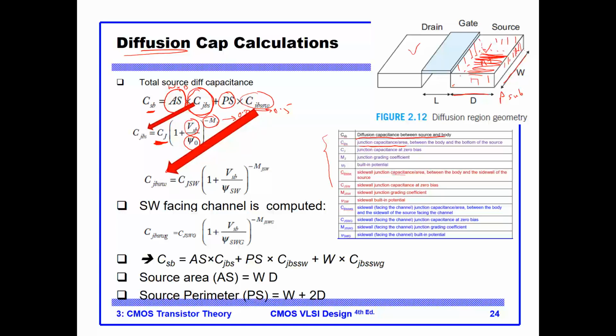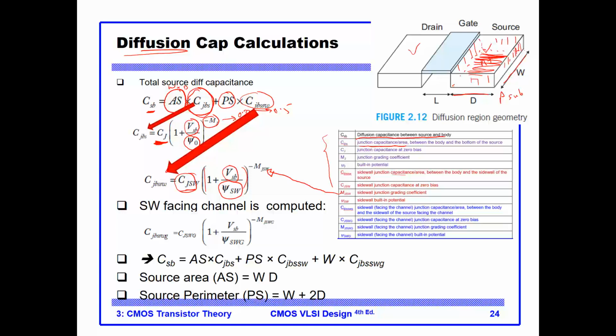It is computed by CJSW, the sidewall junction capacitance at zero bias, multiplied by 1 plus the voltage between the source and the body, divided by the built-in potential for the sidewall, raised to minus MJSW, which is the sidewall junction grading coefficient.